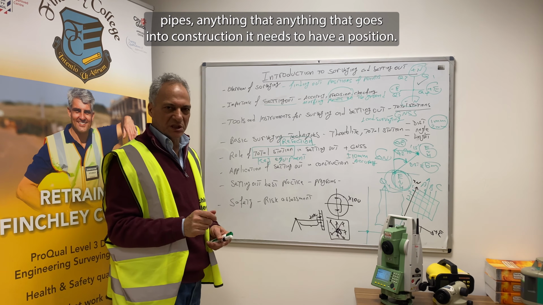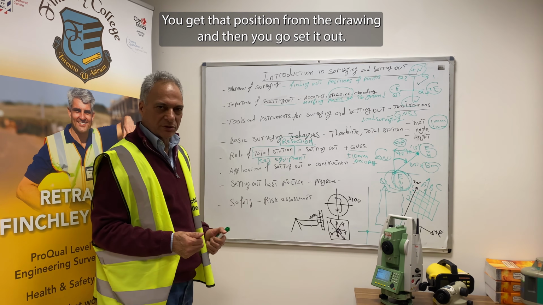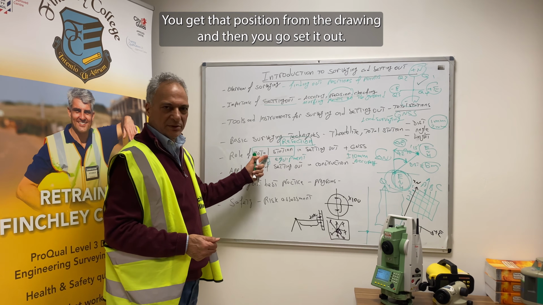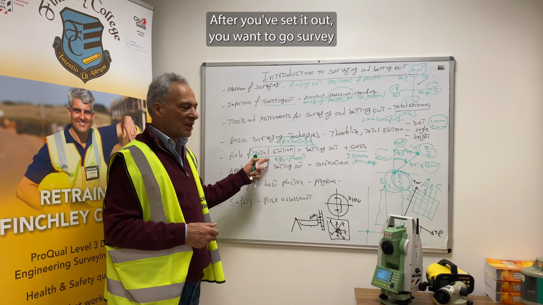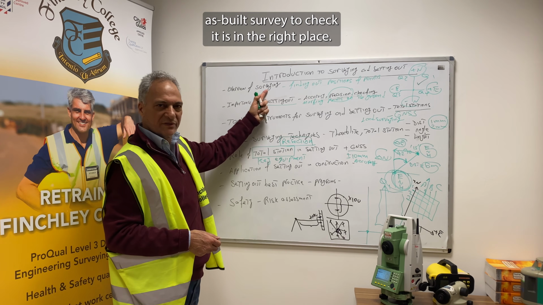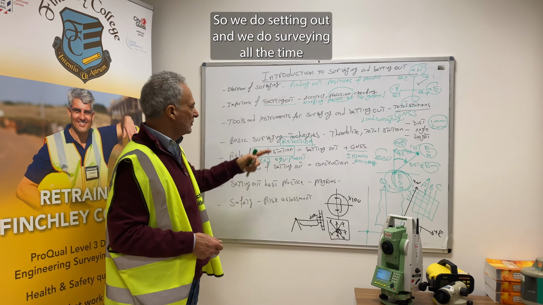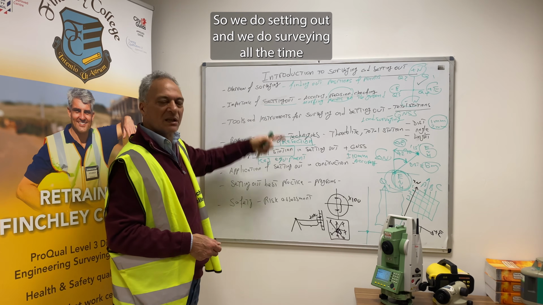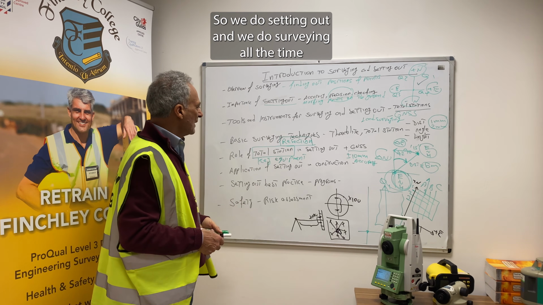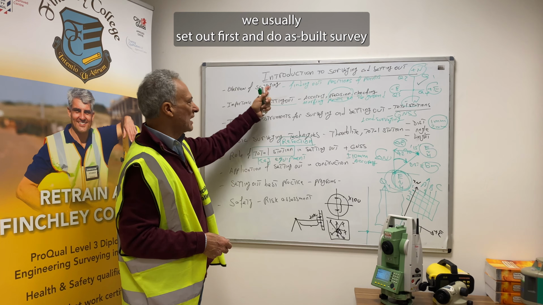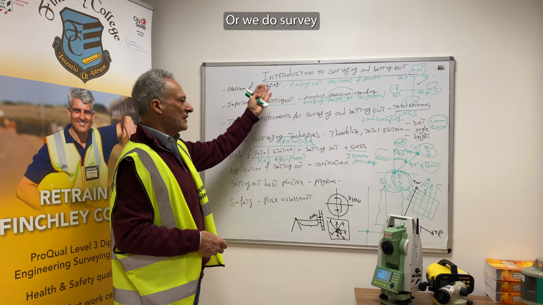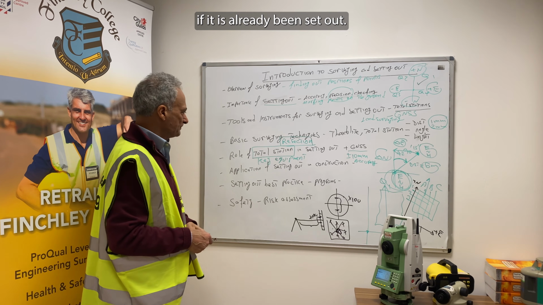It has a position. You get that position from the drawing, and then you go set it out. After you've set it out, you go do an as-built survey to check it's in the right place. So we do setting out and we do surveying all the time. We usually set out first and then do an as-built survey, or we do a survey if it's already been set up.